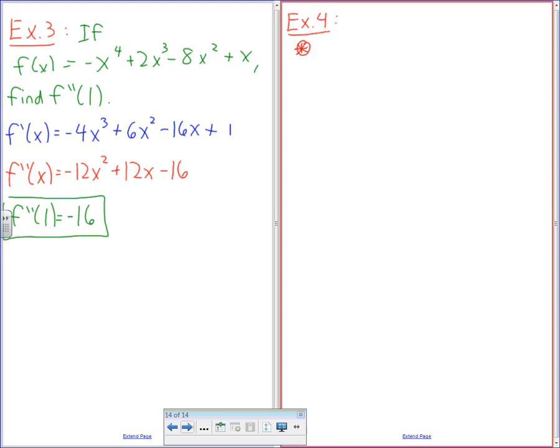Example 4. For the function f of x equals ax to the fourth plus bx cubed minus 4x squared plus 2cx plus 14, find a, b, and c.